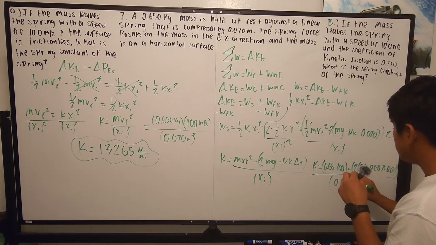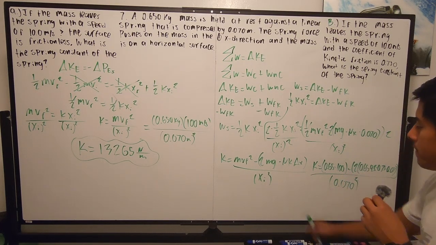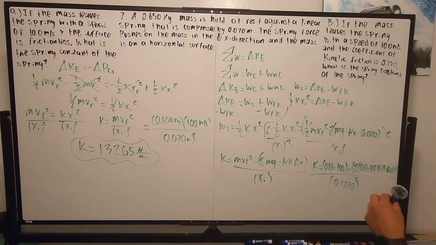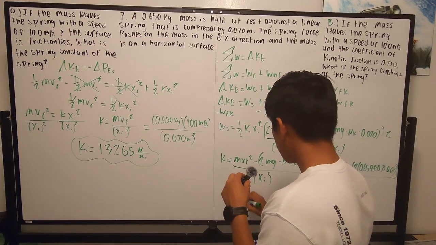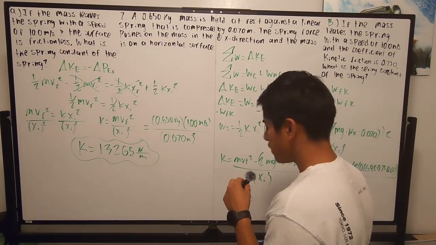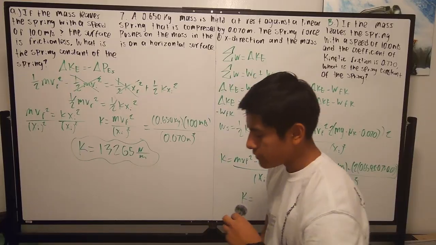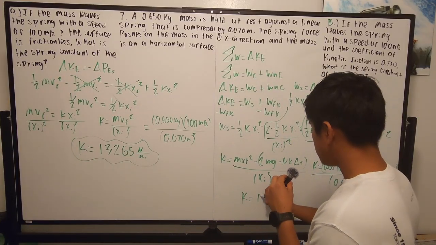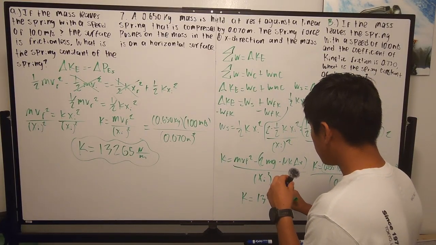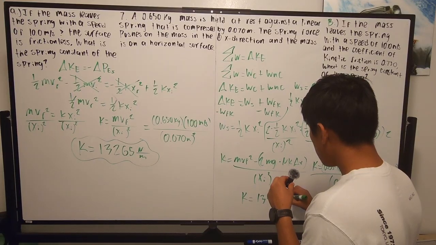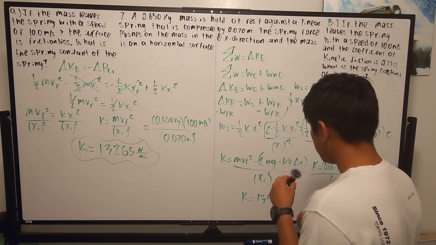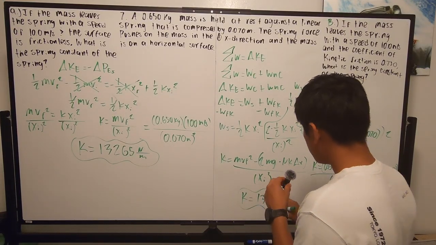So 0.07 squared. That's a square. And then once you plug all that into your calculator, you'll get a final answer. Rounding, you'll get a final answer of 13,401 newtons per meter.